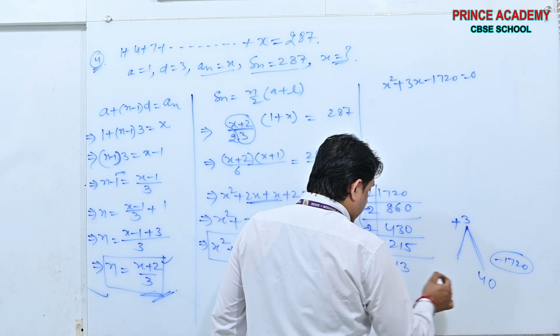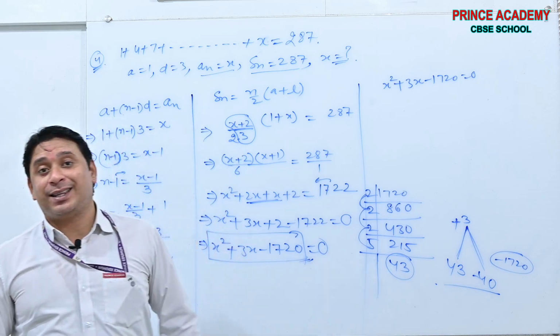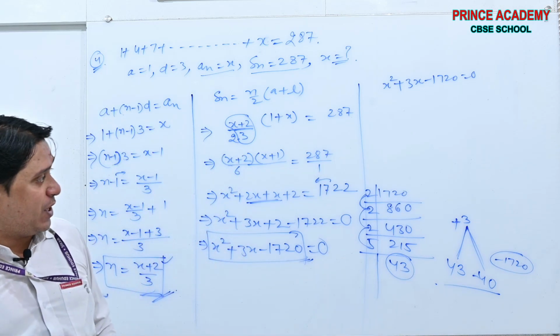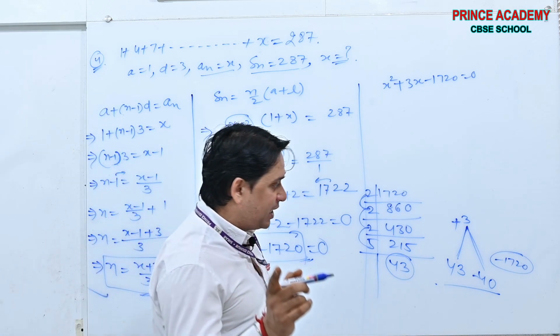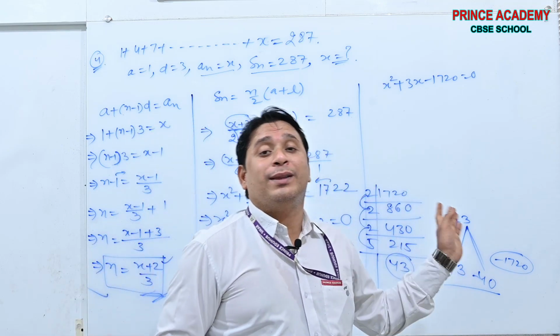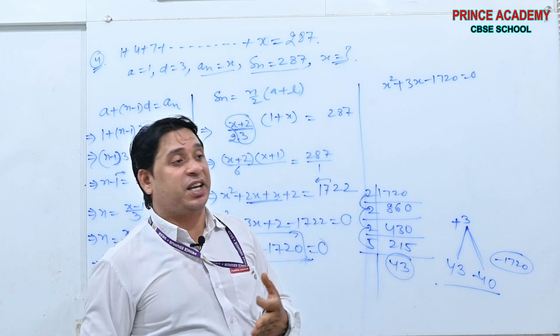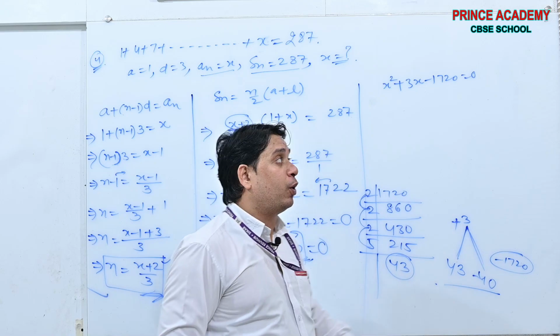40 and 43. I have taught you this method, beta. If you are not aware of this, go to the channel playlist mathematics and watch all the videos of quadratic equation. You will get three methods there to solve this quadratic equation.